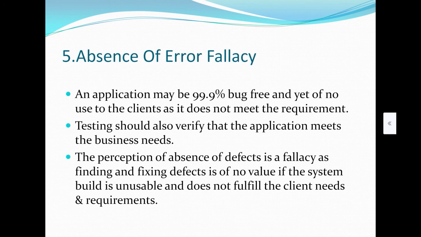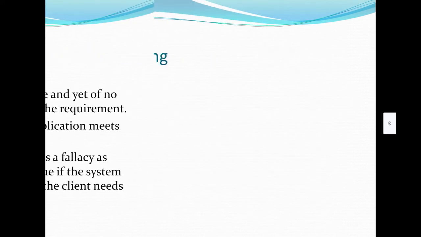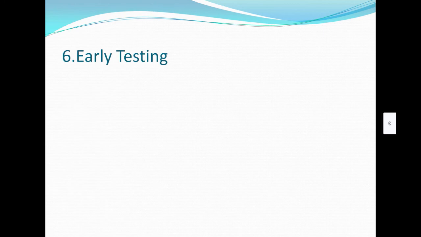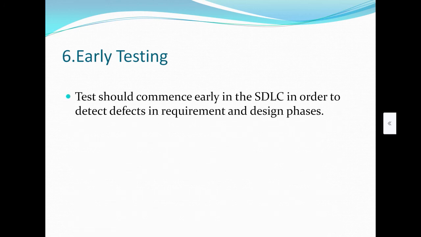So it becomes important to validate the functional requirements of the application, the business needs. Okay. Moving on to the next one, it brings us to a new principle called early testing. What does this say?